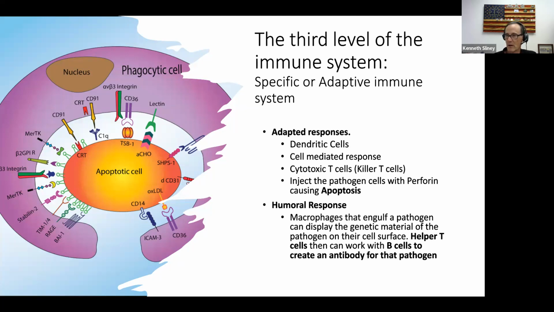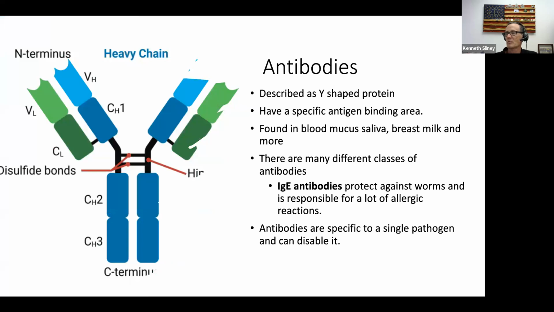So what exactly are antibodies? Well, they're described as Y-shaped proteins having a specific antigen binding area. They're found in blood, mucus, saliva, breast milk, and more areas of the body. They're even in the mouth and the digestive system. And there are many, many classes of antibodies.